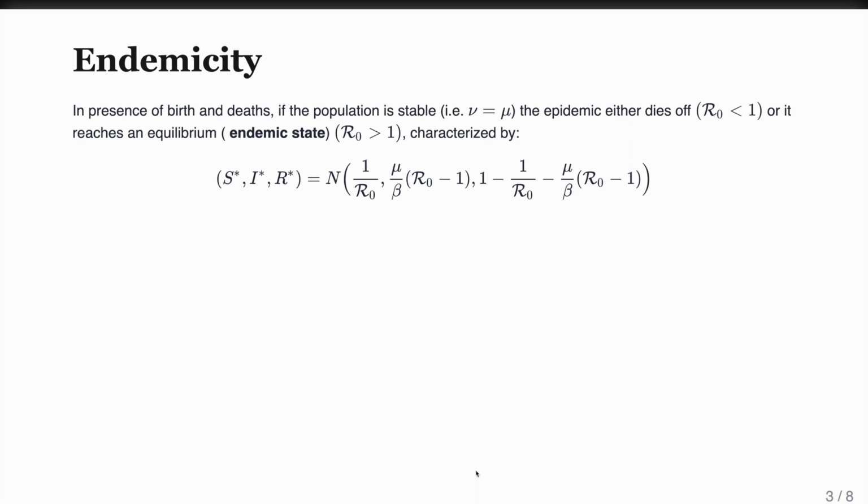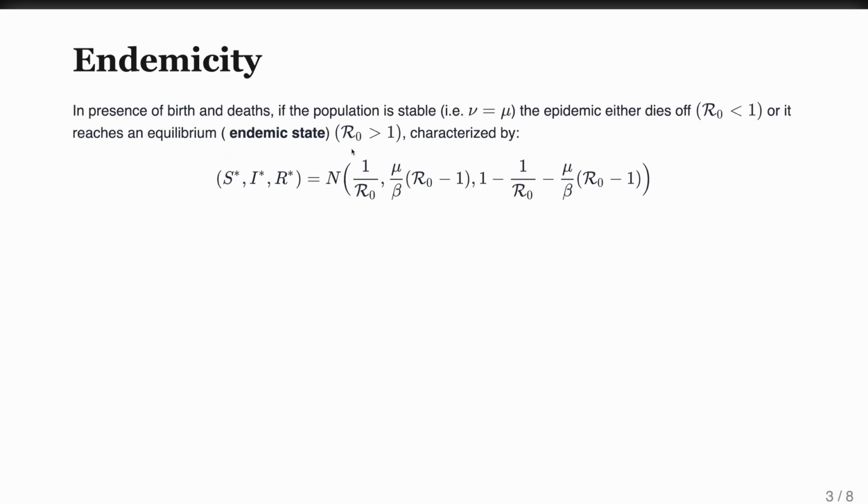And so, if the epidemic has an R0 below 1, the outbreak dies out and the pathogen disappears from the population. But if the R0 is above 1, this means that the pathogen will always stay in the population. It will never die out because there will always be new susceptible people to infect due to the natality rate.